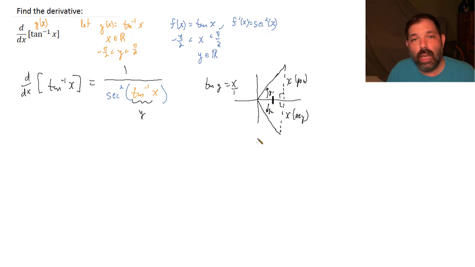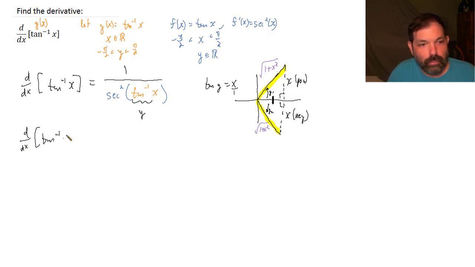Now in either case, if you calculate the hypotenuse of this triangle applying the Pythagorean theorem, we would have the square root of 1 plus x squared. So then we would have that d by dx of arctangent x would be secant square.